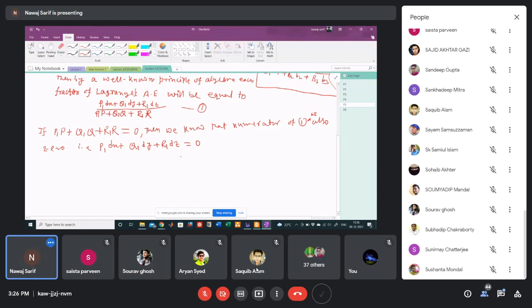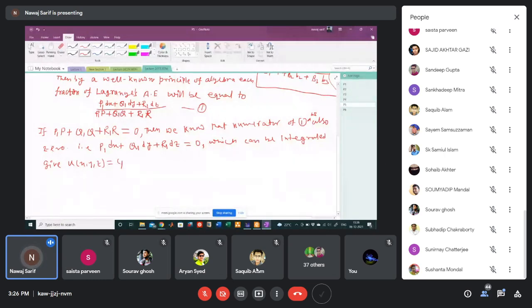On integrating we can find a solution from here, which can be integrated to give u of x, y, z equals to c1, and this is one solution.